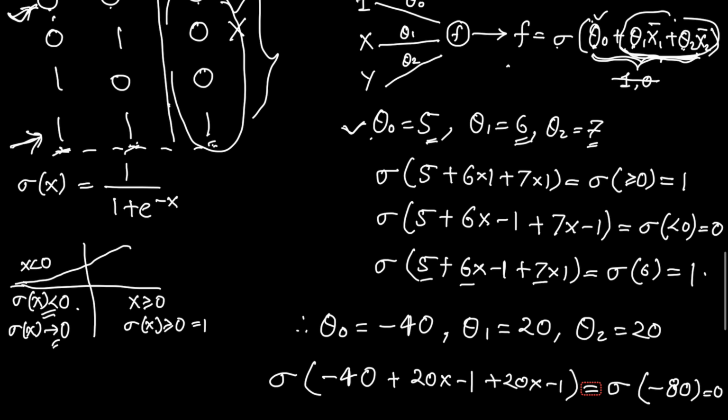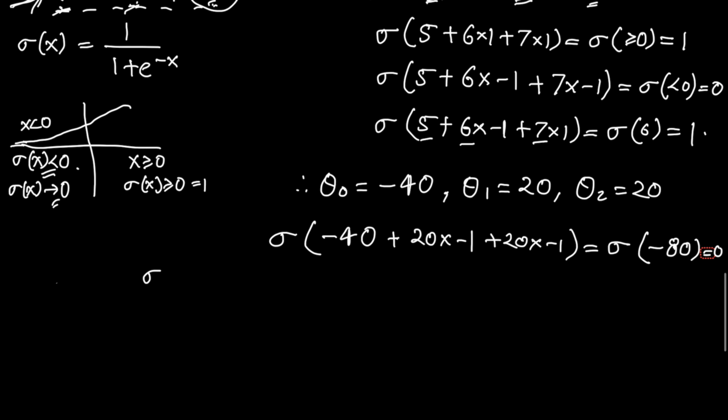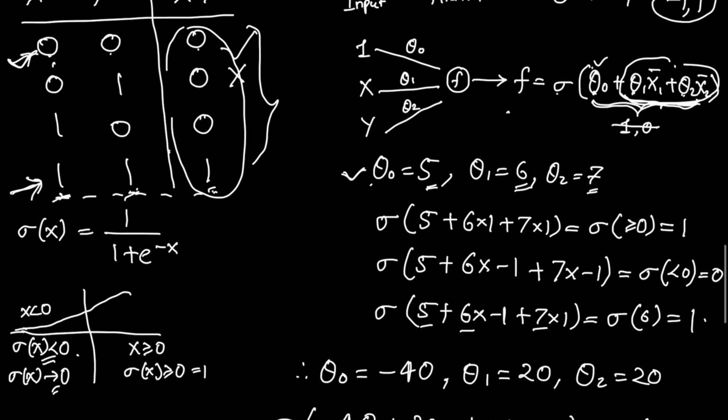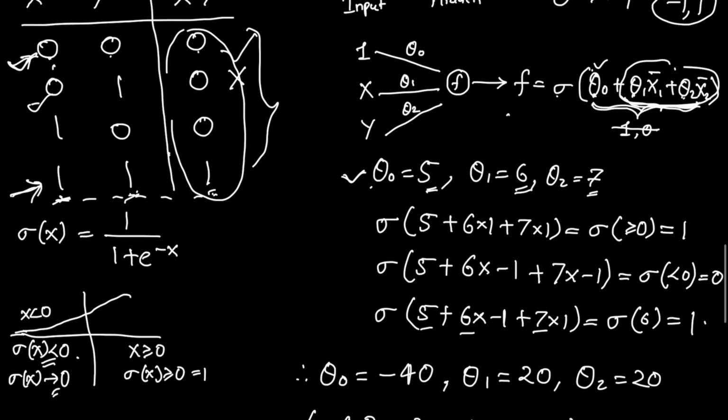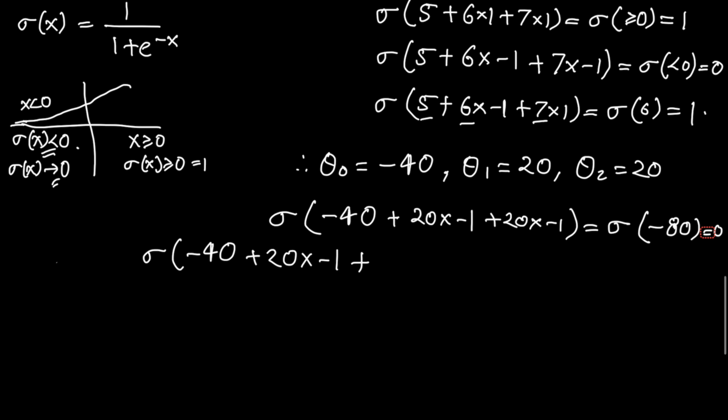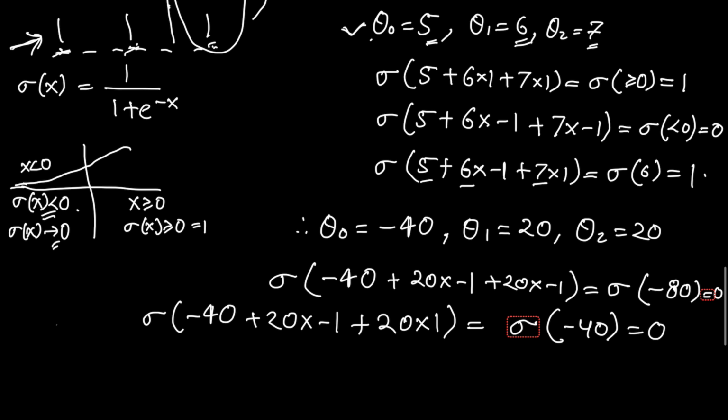Let's try the second one. So second would be sigma negative 40. Now this is negative, that means plus 20 into negative 1, and this is positive, so plus 20 into 1. So this is again sigma of negative 40, which is 0, and that's good, right?